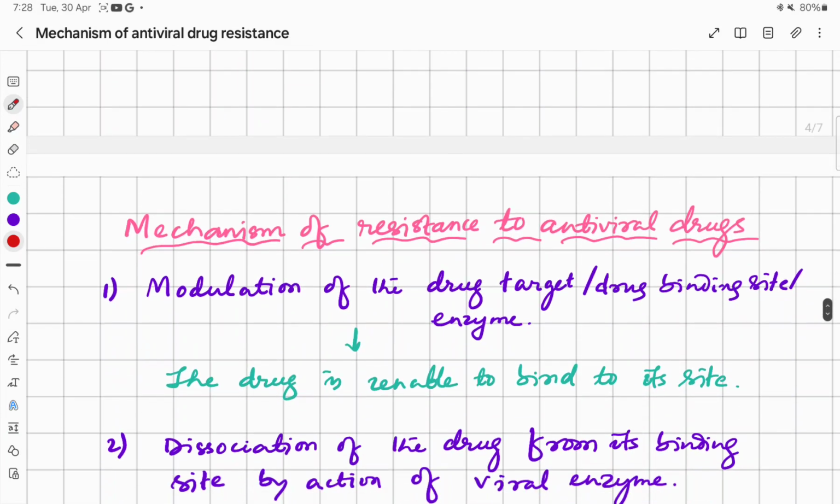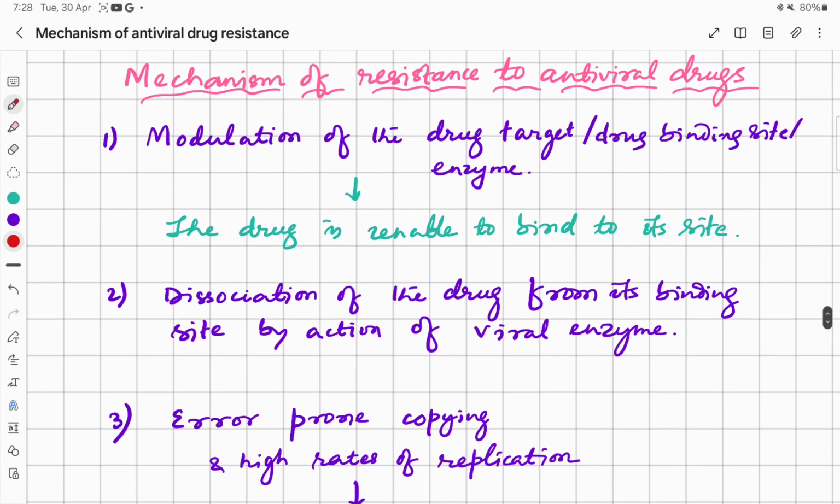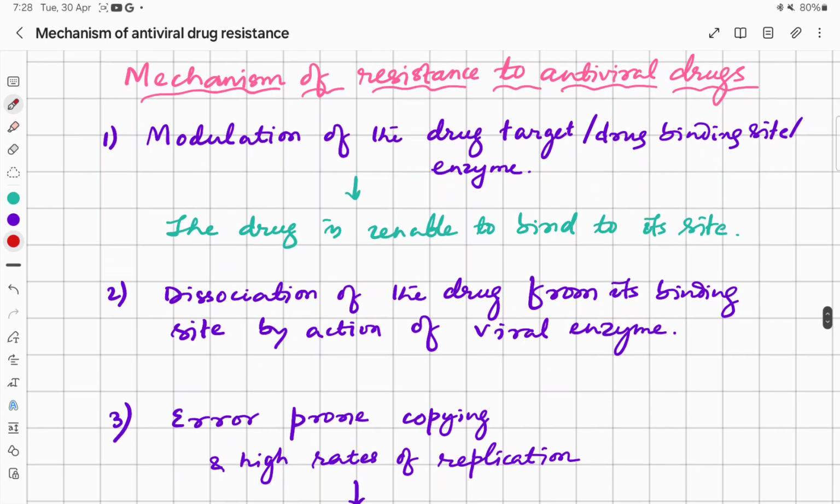So the mechanism of resistance to antiretroviral drugs: modulation of the drug target or drug binding site or the enzyme can be caused by the virus, and the drug becomes unable to bind to its target.